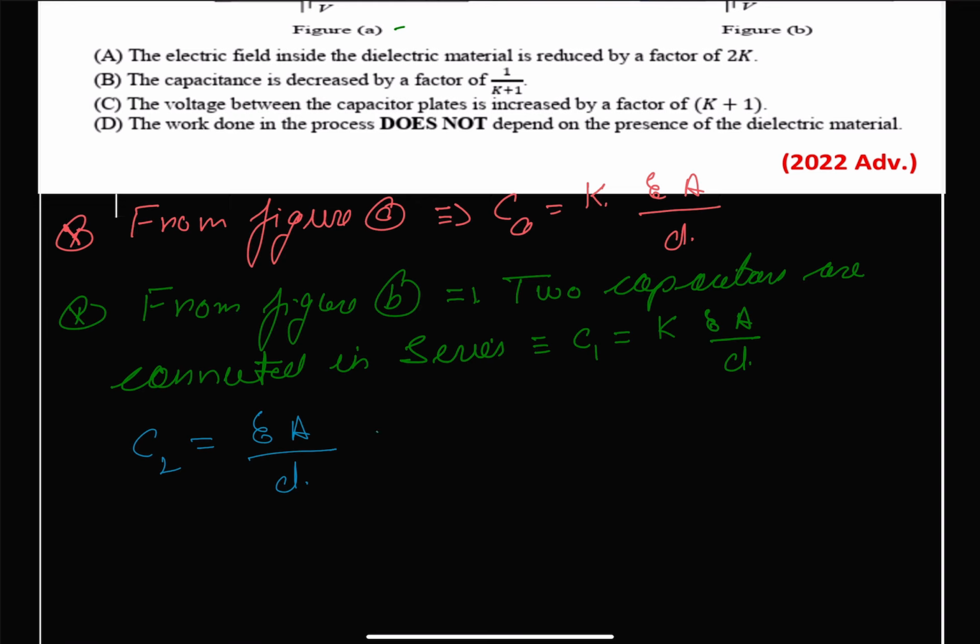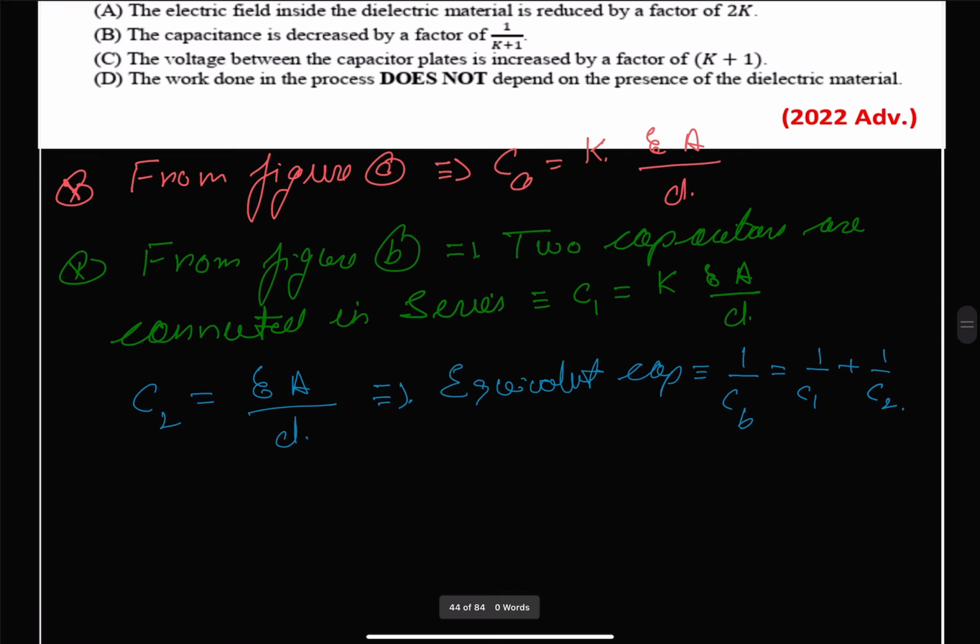Therefore, we can say our equivalent capacitance, that is CB. These are in series, so 1 upon CB is equal to 1 upon C1 plus 1 upon C2.